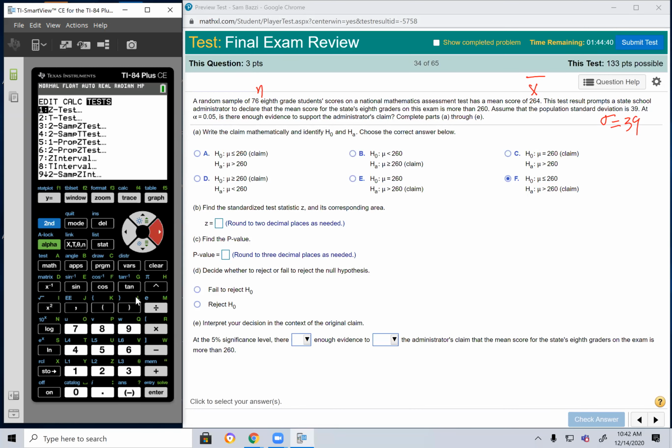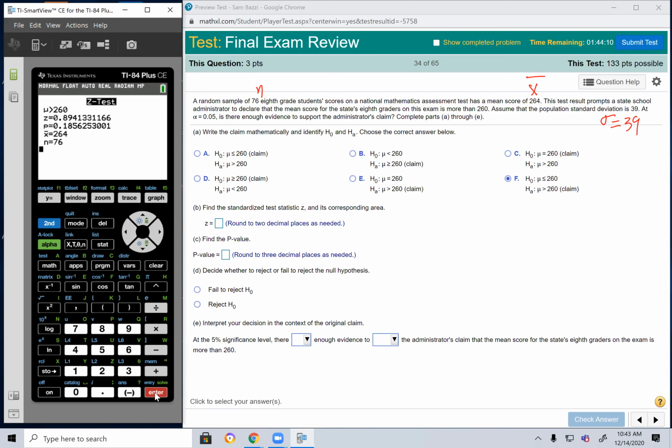I'm back. So z-test. Okay, we're testing against 260. Sigma, you see, he's saying sigma here, not S, 39. X bar, 264. N is 76. And we need the alternative is greater than.